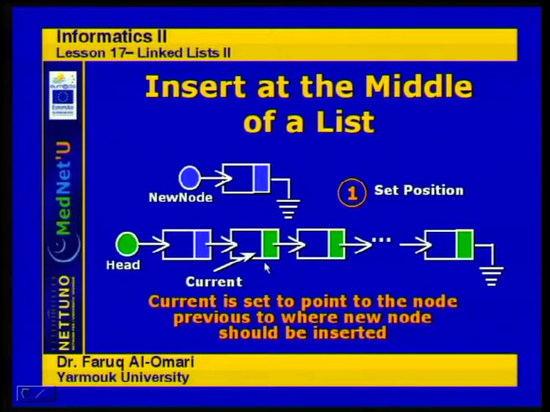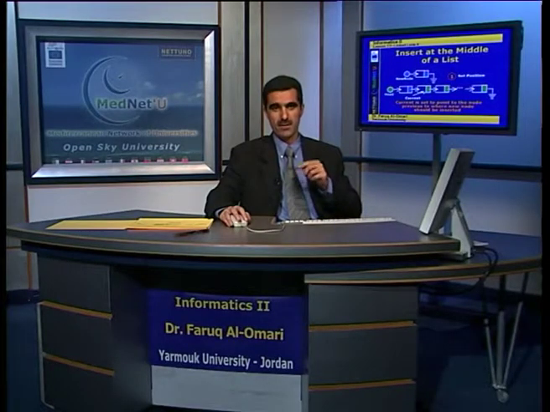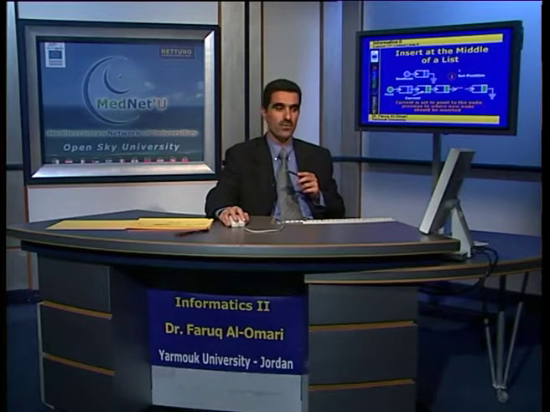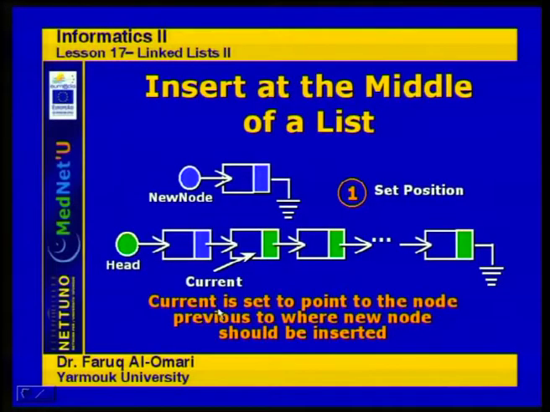Okay? So based on this, after I create the node, what I'm going to do is go to the position that is just before the position where I need to insert the new node. So I need to set position, and this is the function which we just developed in the previous example. So current here is going to be set to point to the node previous to where the new node should be inserted.